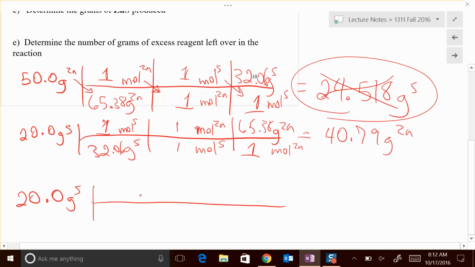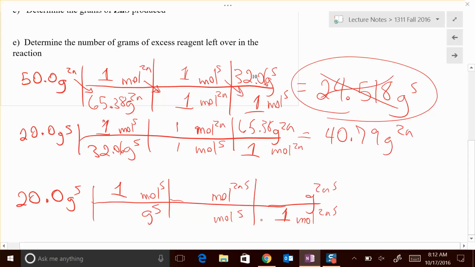Grams of sulfur to the moles of sulfur to the moles of zinc sulfide to the grams of zinc sulfide. Drop my units, grams of sulfur, moles of zinc sulfide. Grams of moles, moles are 1. Grams of sulfur are 32.06 grams of sulfur.